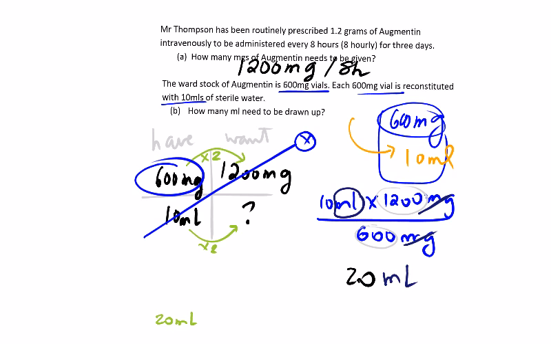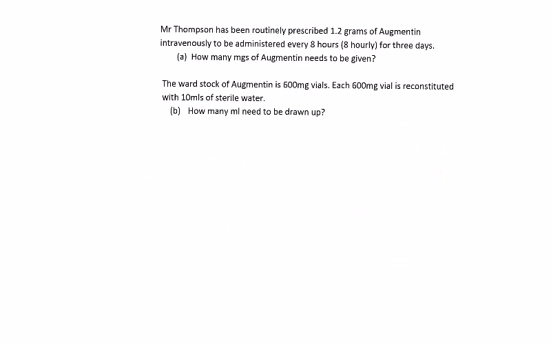So we get the same answer, 20 mils. Let's read the question again. How many mils need to be drawn up each time, every 8 hours, 3 times a day? 20 mils.